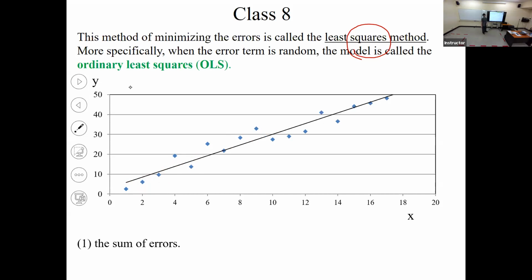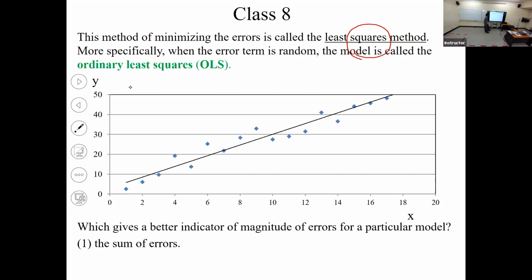Error is the vertical distance between the actual dot and the line. Vertical distance, that is the error. So think about taking the sum of all the errors, because we try to minimize the errors. Now we also think about taking the sum of squared errors. Which one will be better?